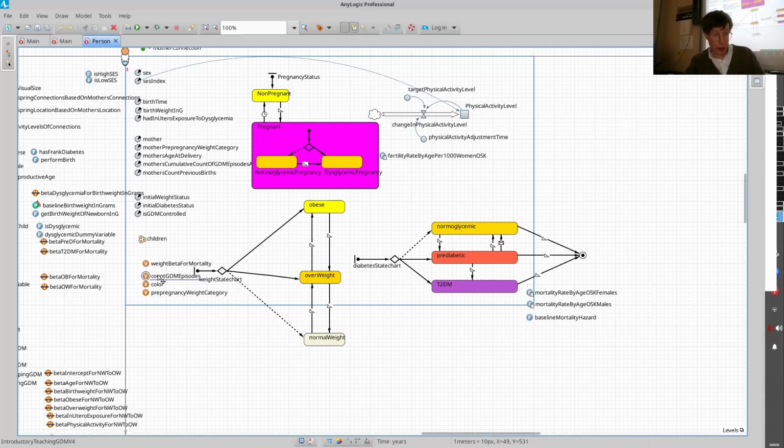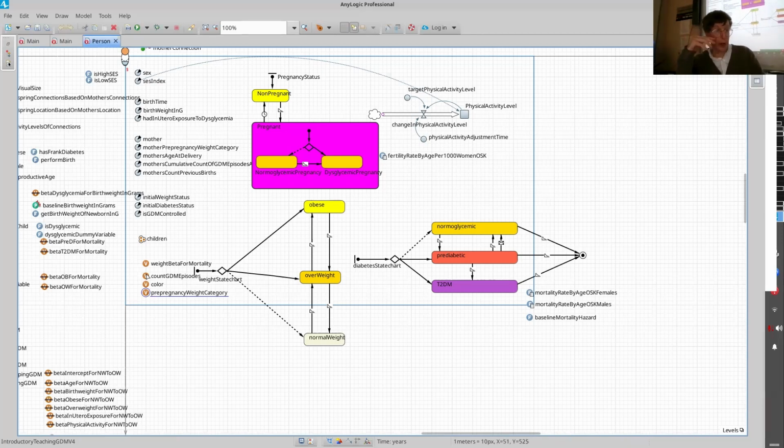But also the count of gestational diabetes episodes that a given person has undergone. Or the weight category that they had on a pre-pregnancy basis before the current pregnancy. I want to highlight these because these are aspects of history.